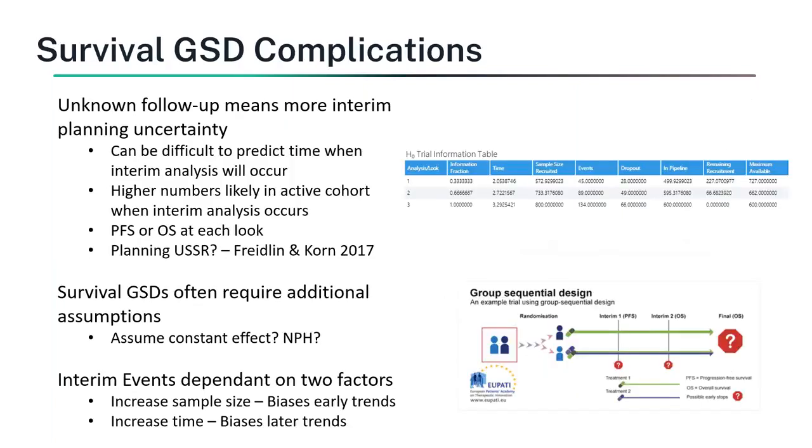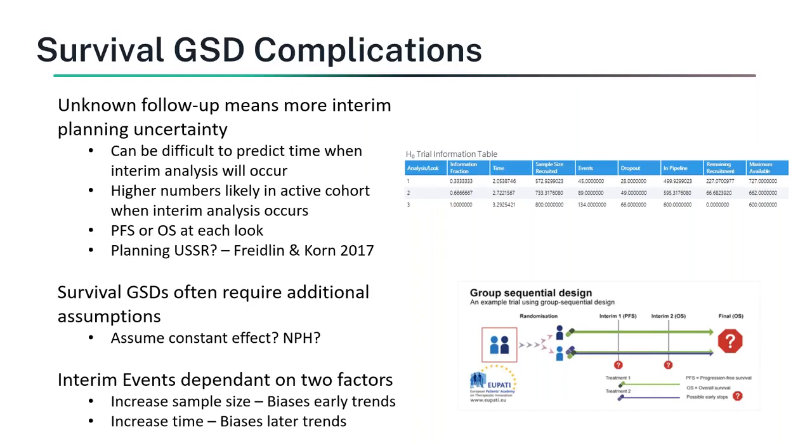So just to touch on these problems and talk about some of the considerations that have to be made when you're conducting a survival group sequential design, I have this slide here. One of the most important points is to note that due to the unknown follow-up time, there's a lot more uncertainty about the interim analysis. It can be very difficult to predict the time when the interim analysis can occur.